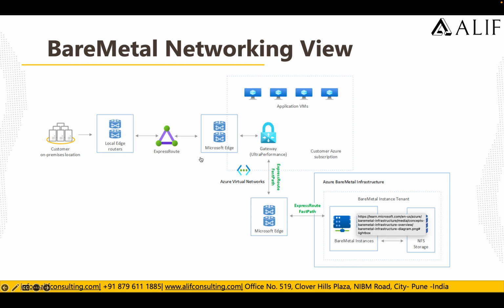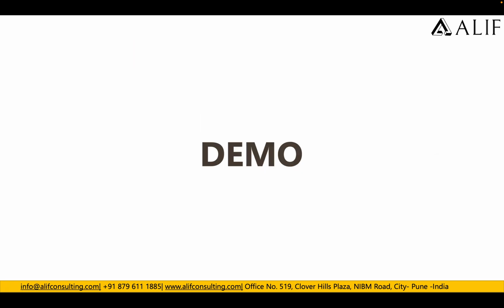And the same way your data can travel from on-premises to the bare metal instance as well, right? So this is how your overall network configuration, or the networking view, looks like for this bare metal network configuration, right? So let's quickly jump into the demo.